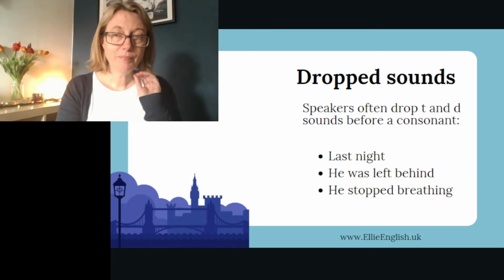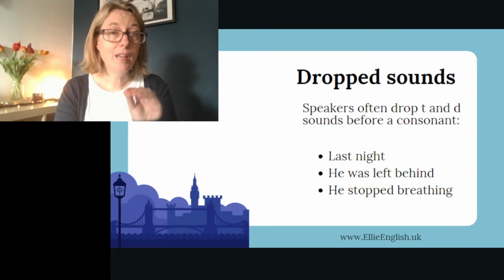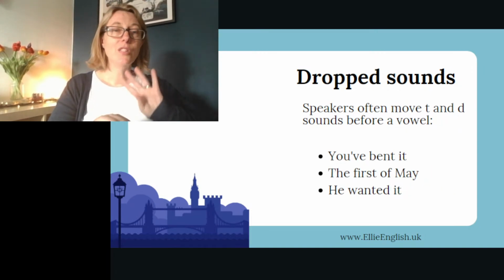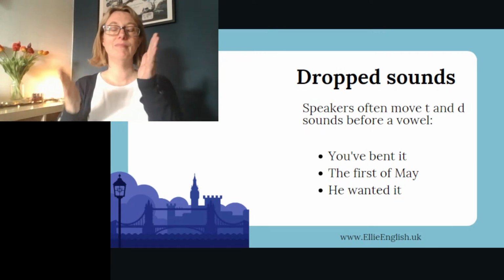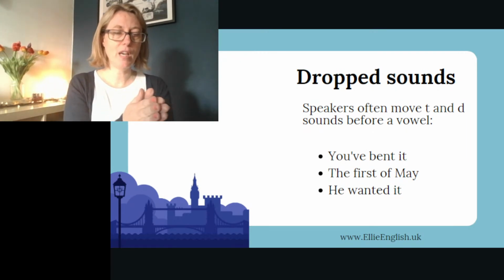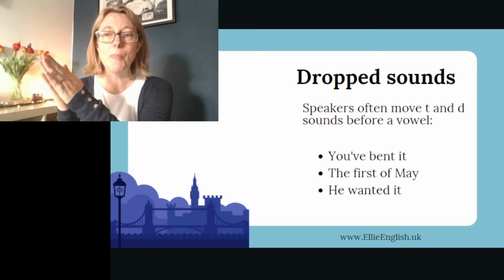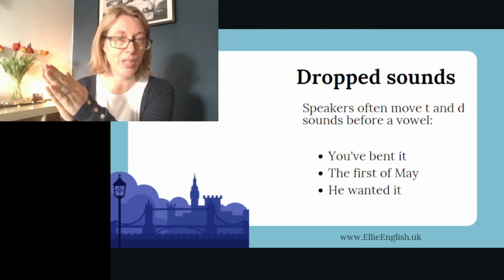But then, if we have this t or this d before a vowel, something slightly different happens. So before a vowel, the t or the d at the end of the first word moves to the beginning of the second word.